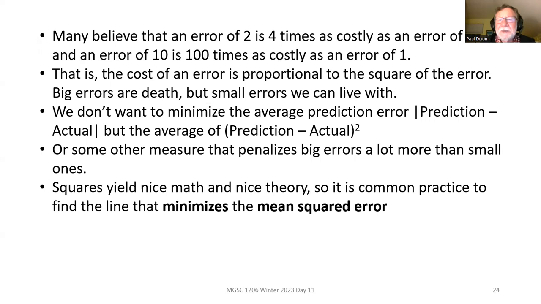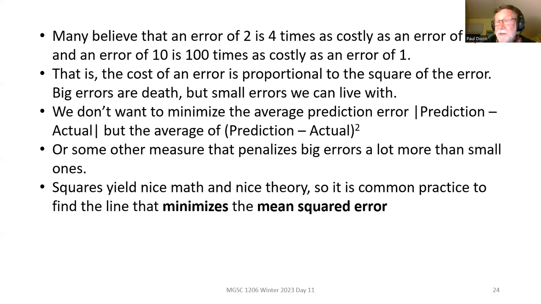Like we'd seen before with measuring variability, they didn't like looking at the absolute difference between the actual, or X, and what the average is. They looked at not simple absolute deviations, but squared the deviations. That's what we're going to do here. We're going to look at squared deviations between what the prediction was and what actually happened.